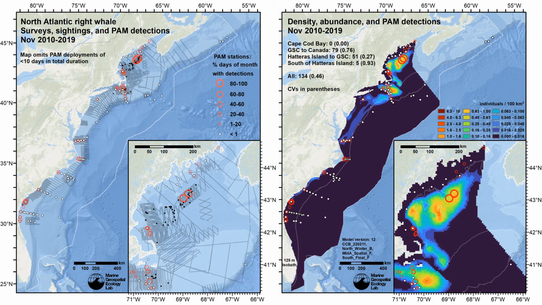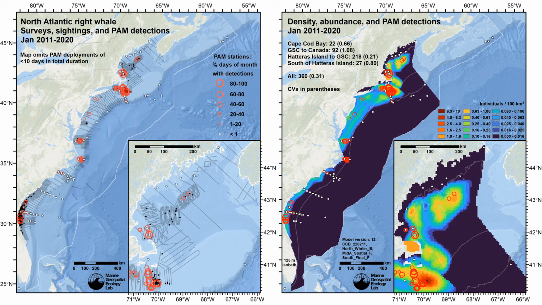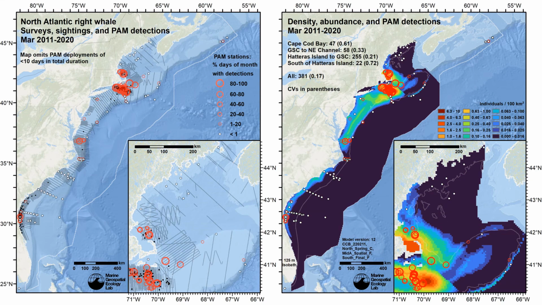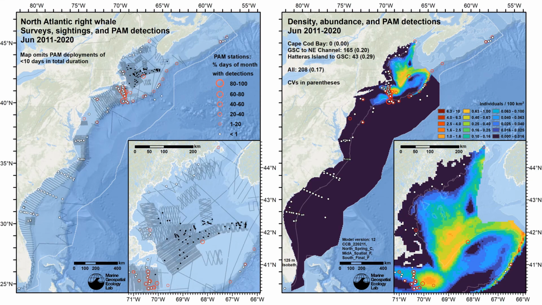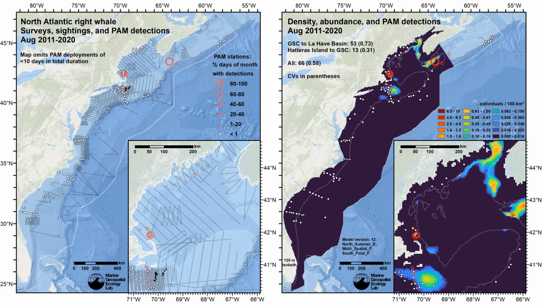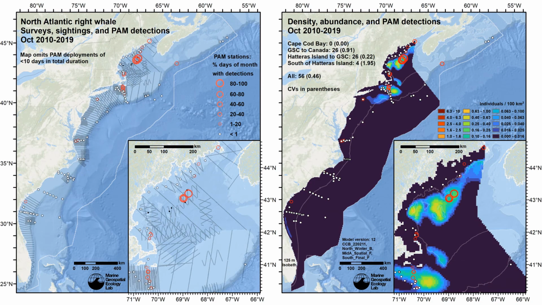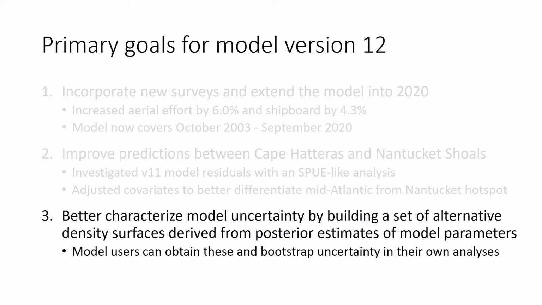Many thanks to Jen and to everyone involved for sharing these data to help us evaluate the density model. You can see that V12 now matches what acoustics have showed for southern New England, which is that right whales are present there year-round.